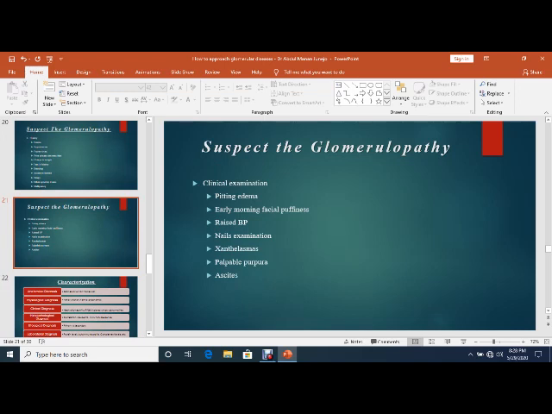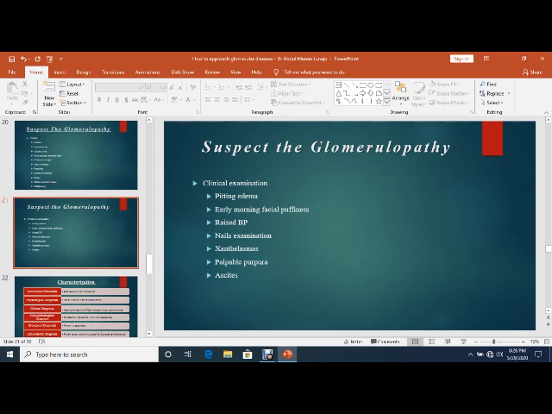After that, we have to examine the patient to see the edema; pitting edema is present, ankle edema. These patients give a history of facial puffiness in the morning. If you check the blood pressure, it should be raised. If these patients have severe hypoproteinemia, the nails become white, that is called leukonychia.